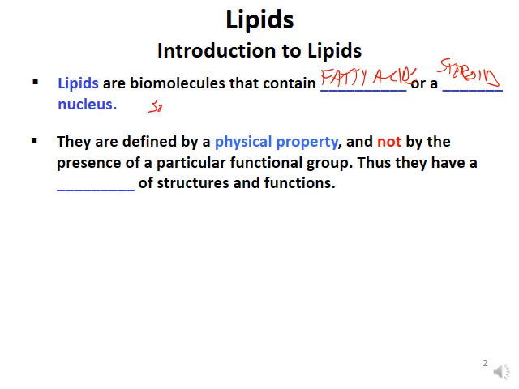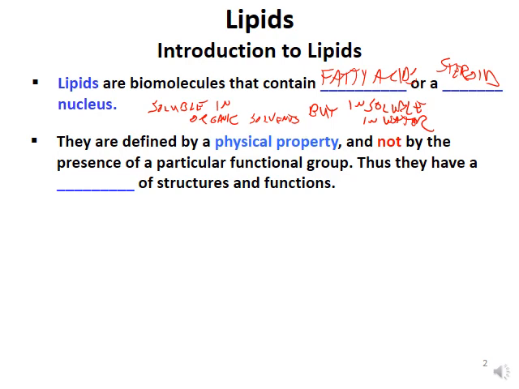They are soluble in organic solvents but insoluble in water. And once we start to describe them, you will know that to be true.